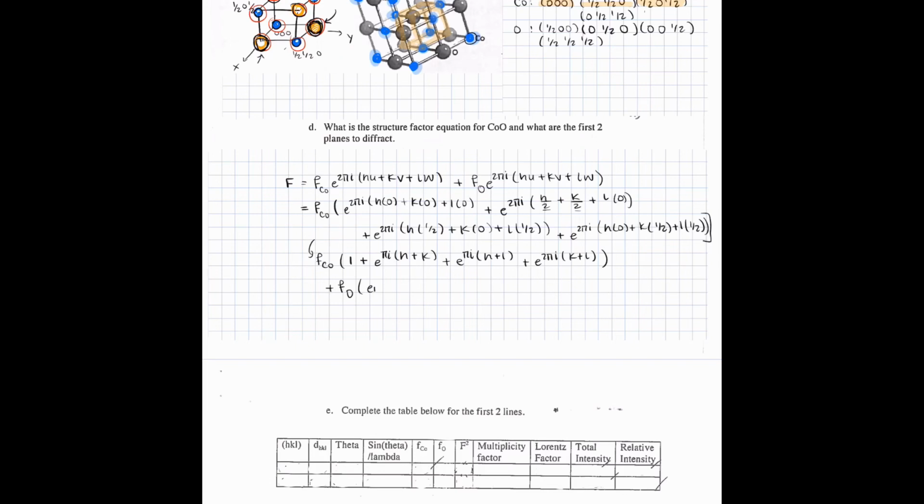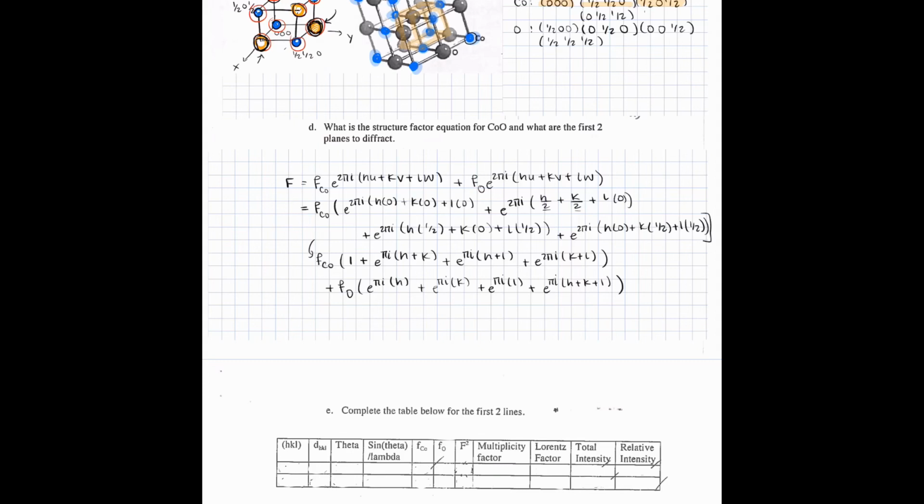It's going to be e to the pi i h plus e to the pi i k plus e to the pi i l plus e to the pi i (h plus k plus l). All right, so there's the oxygen structure factor calculation.